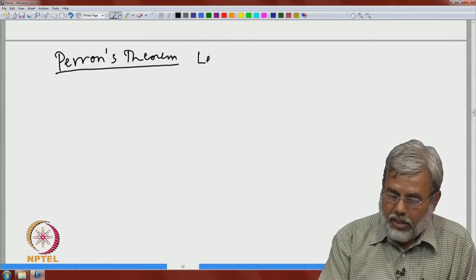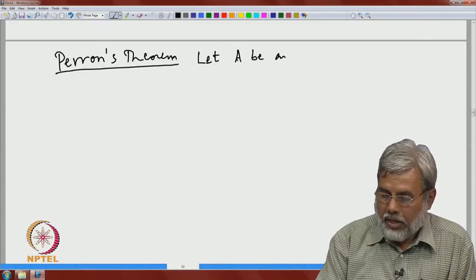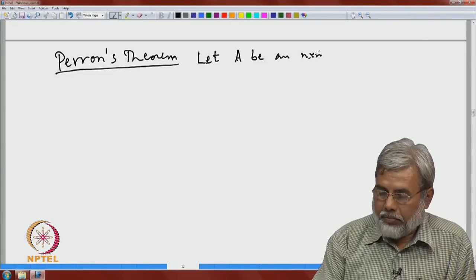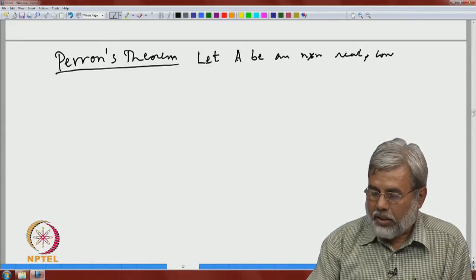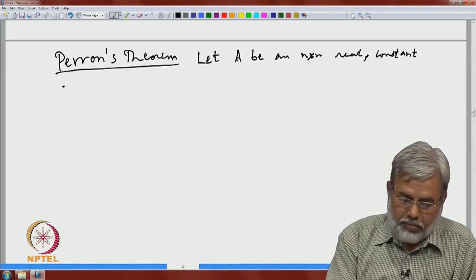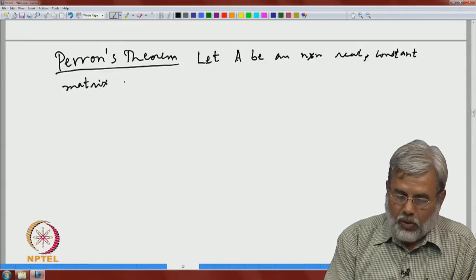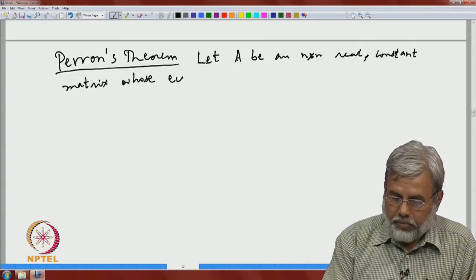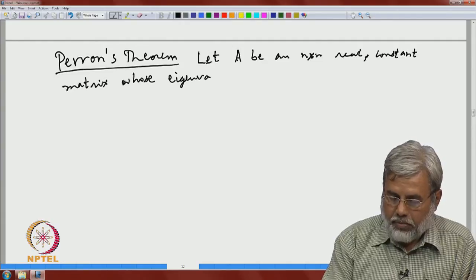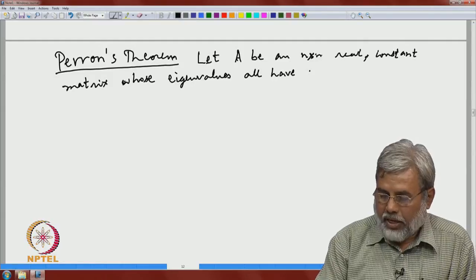So, let A be an n by n real constant matrix whose eigenvalues all have negative real part.